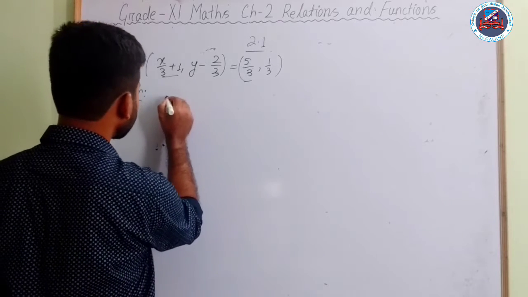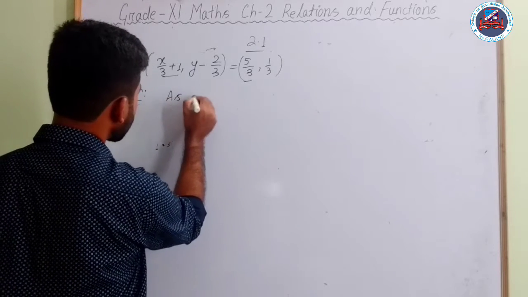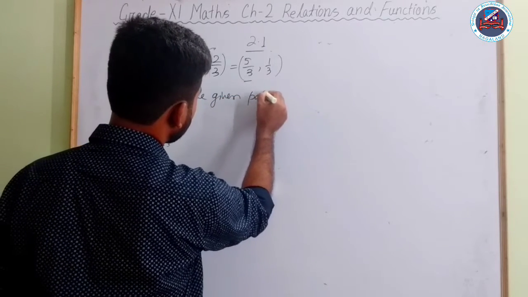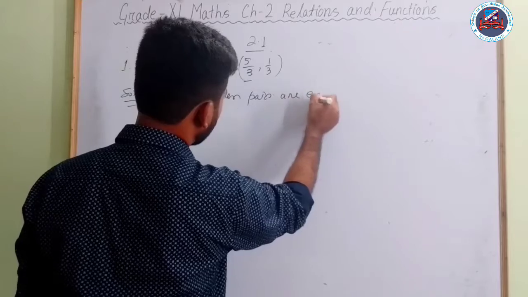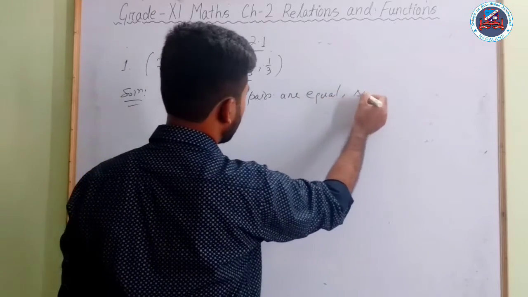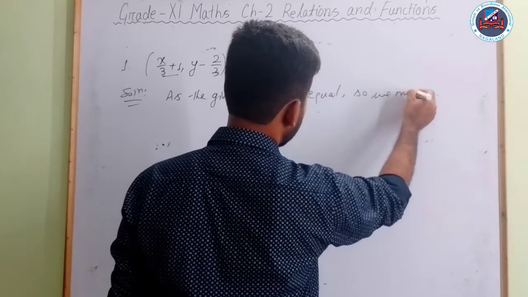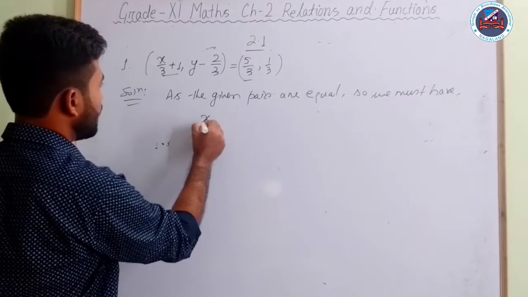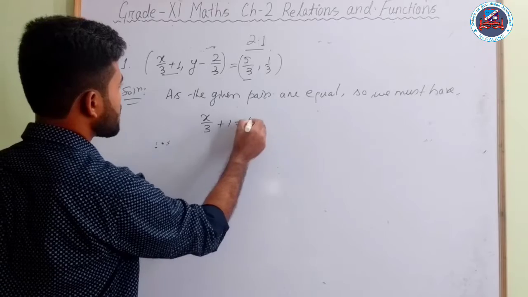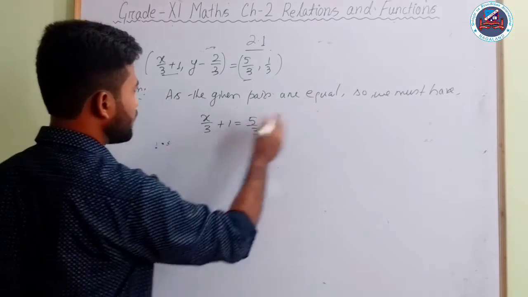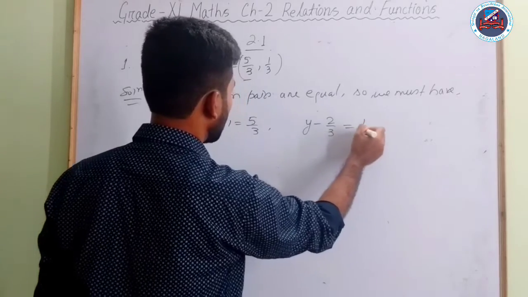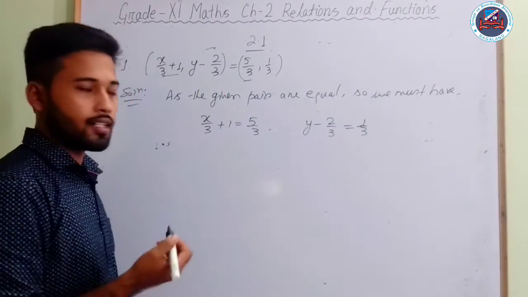So clearly, as the given pairs are equal, we must have x/3 + 1 equal to 5/3, and we must have y - 2/3 equal to 1/3. That is, the corresponding elements are equal.